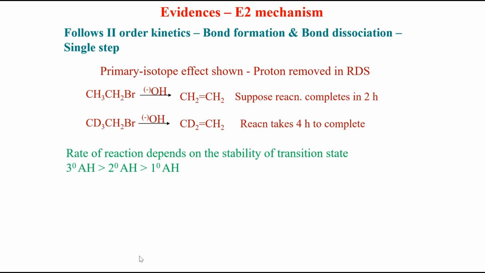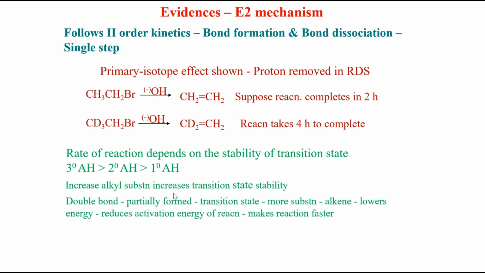And again, it is shown that tertiary alkyl halides are more reactive than secondary, which are more reactive than primary alkyl halides. Why is it so? When it is tertiary alkyl halide, there is more alkyl substitution. More is the substitution by alkyl groups, more will be the stability of the transition state.